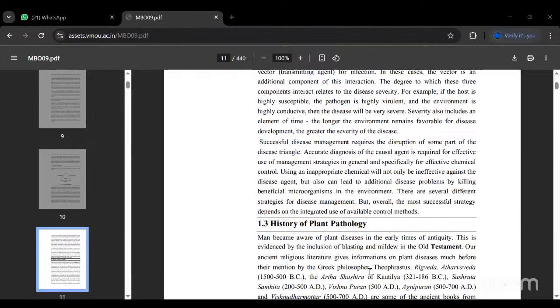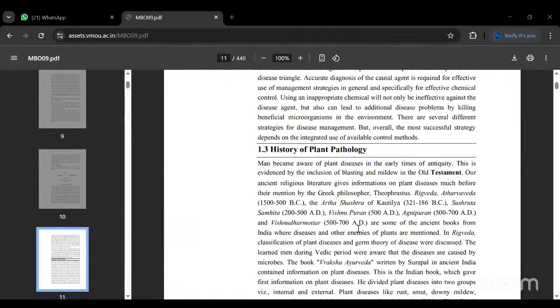Using an improper chemical will not only be ineffective against the disease, but can also lead to additional disease problems by killing beneficial microorganisms in the environment. Successful strategies depend on the integration of available control methods. This is the disease triangle method.